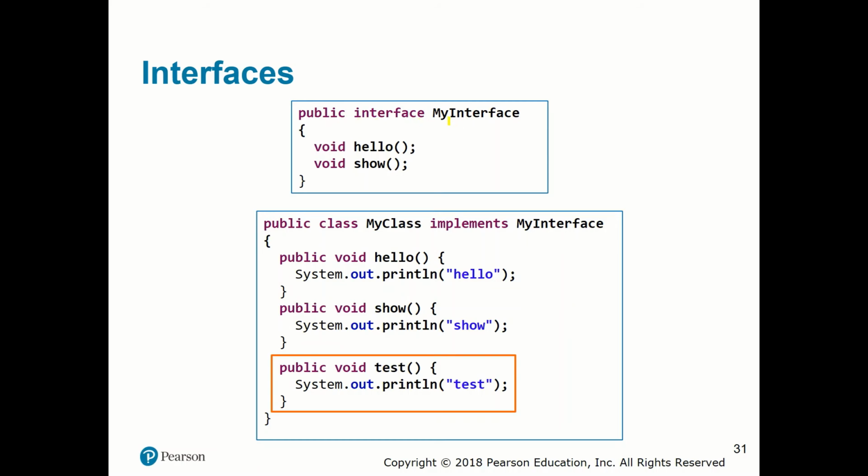This is an interface, MyInterface, and class MyClass implements MyInterface. In this interface, these 2 methods are abstract methods. So these 2 methods are overridden in the child class, like this. And this test method is not related to MyInterface. So like this, a class can implement other methods as well.